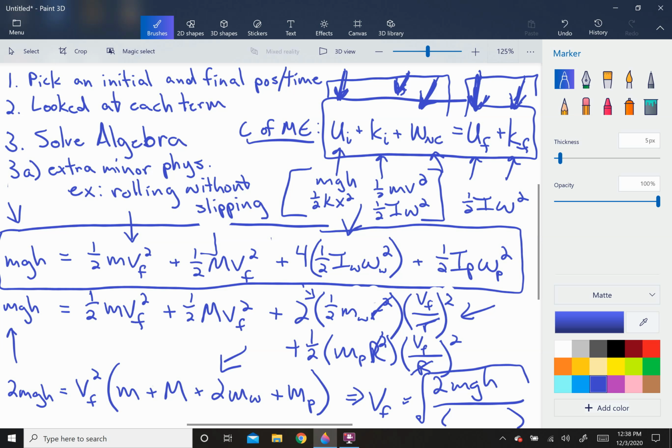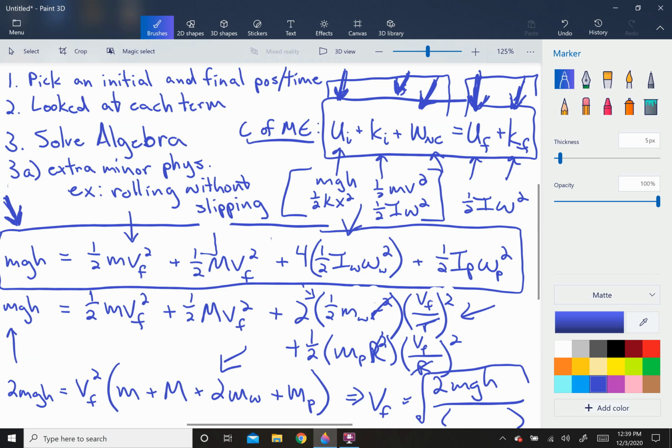You might need to know something like centripetal acceleration or rolling without slipping or something like that that allows you to replace a variable, right? Just do a substitution in your algebra, okay? But other than that, I'm mostly done with the problem after step 2. Once I have this one, I just have to solve for the thing that I want to know, okay?